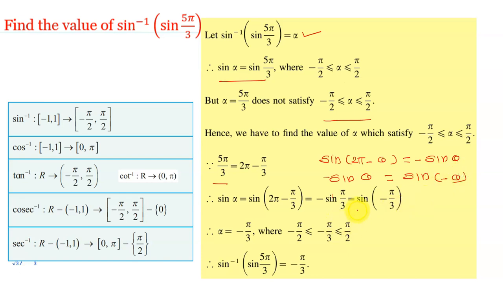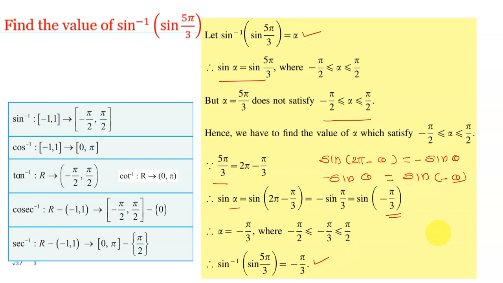And therefore, sine of minus pi by 3. Hence, this alpha is equal to minus pi by 3, which lies between minus pi by 2 and plus pi by 2. And hence, the value of sine inverse of sine of 5 pi by 3 is minus pi by 3.